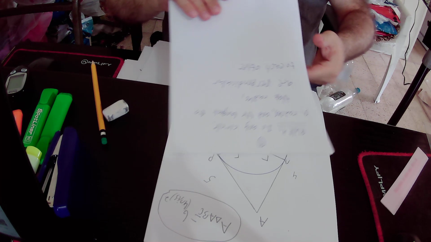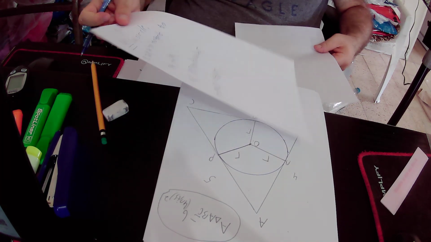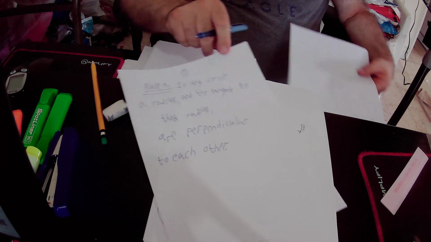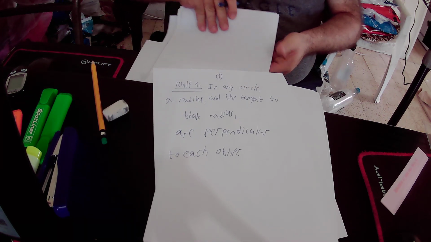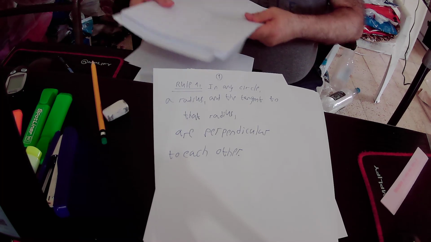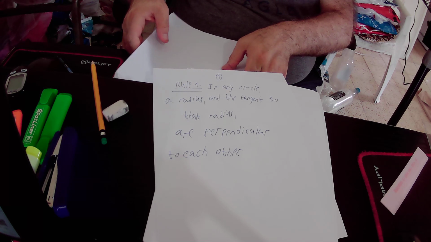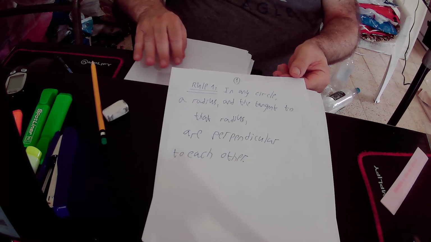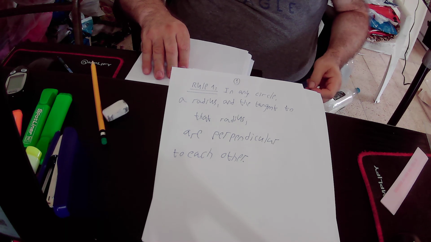Okay, I will read again rule number 1. Rule number 1 states that in any circle a radius and the tangent to that radius are perpendicular to each other.